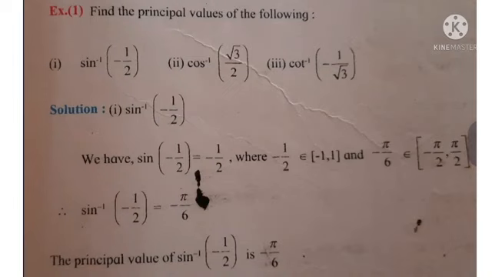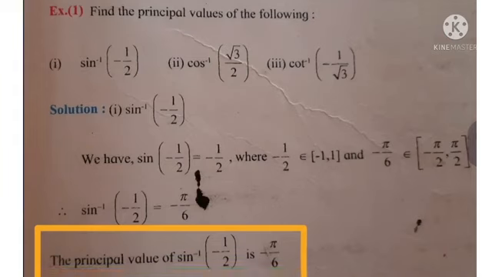So we get sine inverse of minus half is equal to -pi by 6. So the principal value of sine inverse of -1 upon 2 is -pi by 6. Okay, understand?